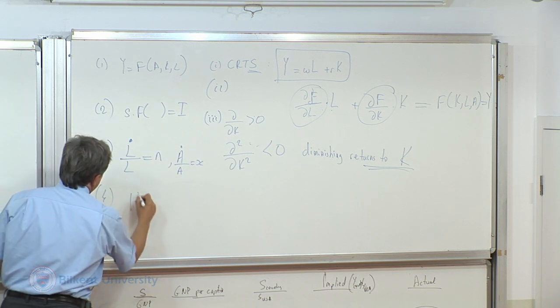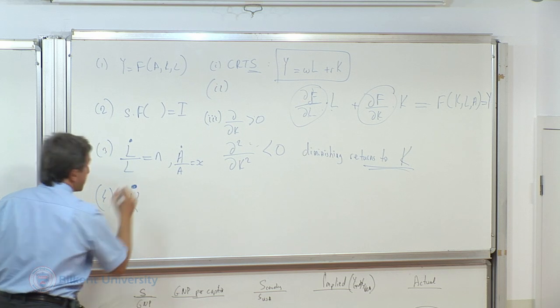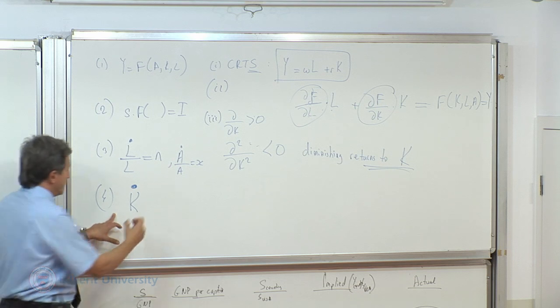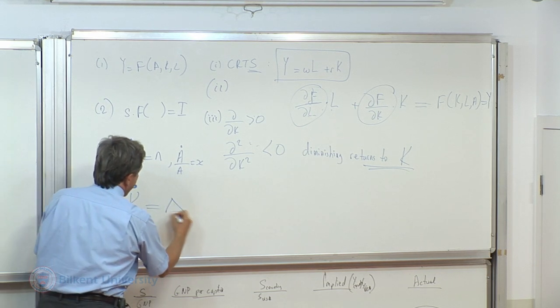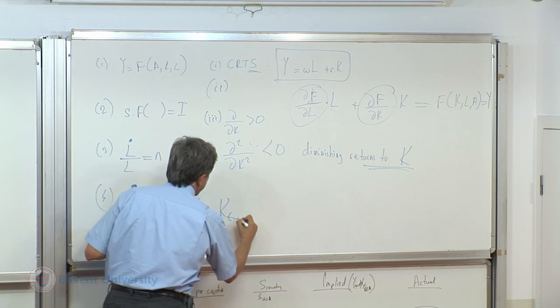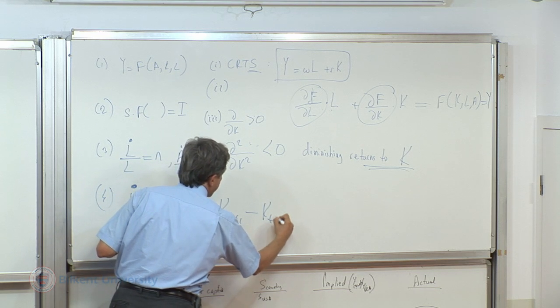On the other hand, capital stock, that is K dot. K dot is change in K, right? Or in discrete time, K at t plus 1 minus K at t.